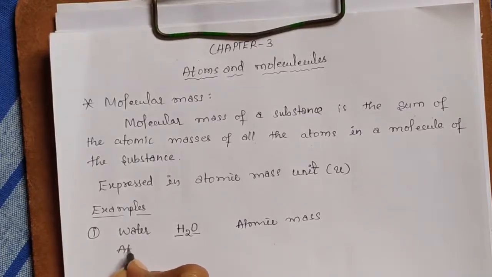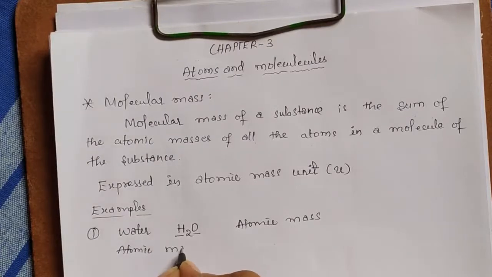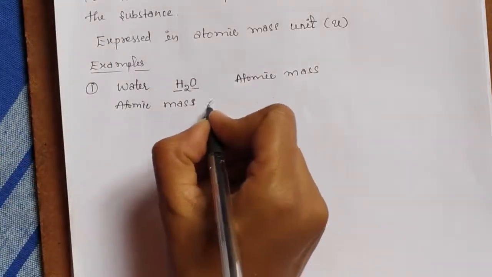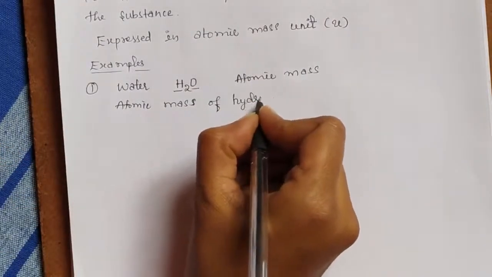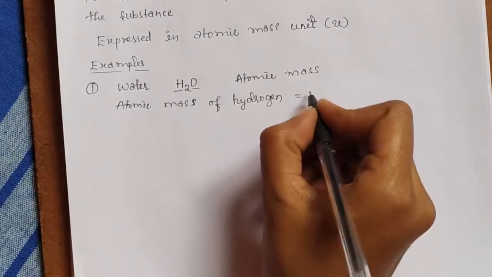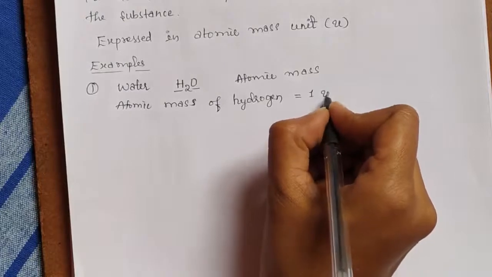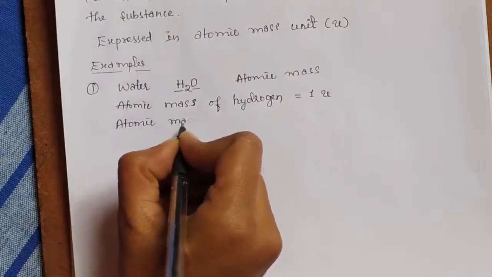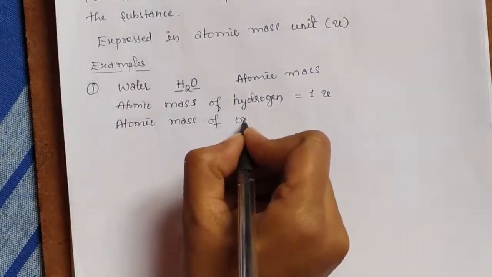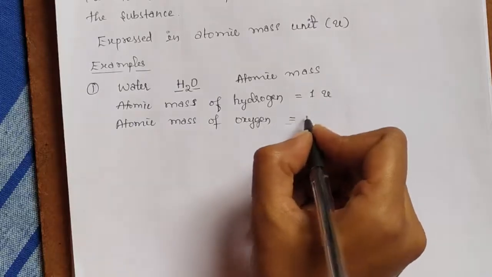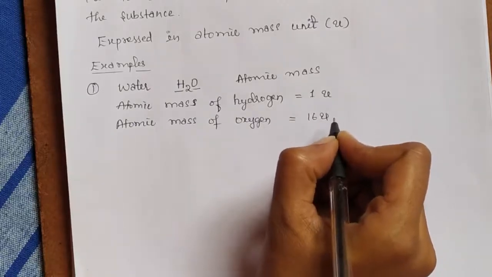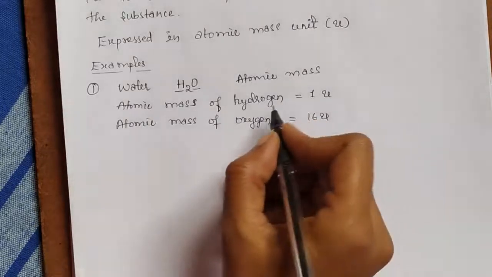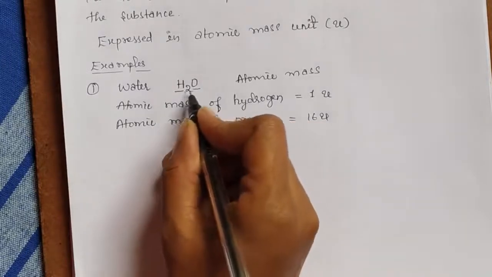So, atomic mass of hydrogen element is 1 atomic mass unit, and atomic mass of oxygen is 16 atomic mass unit. Okay, so now we know the atomic mass of both hydrogen and oxygen.